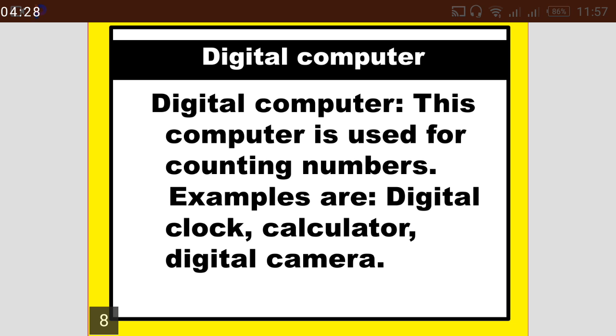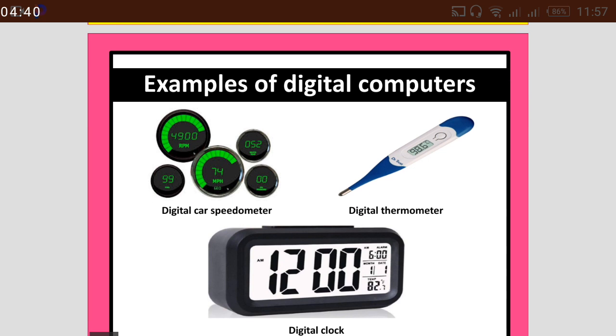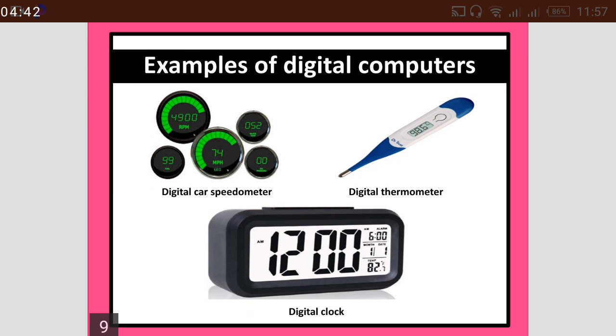Examples are digital clock, calculator, and digital camera. But we still have some examples in this picture that look like the examples of analog computer. If you look at this, examples are digital car speedometer, digital thermometer, and digital clock. These are examples of digital computers.